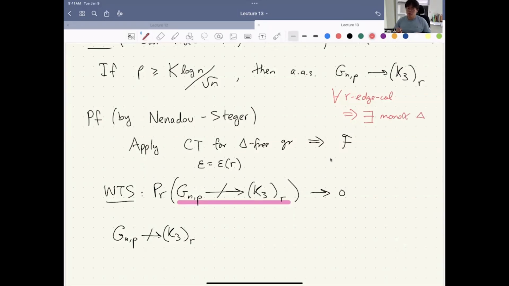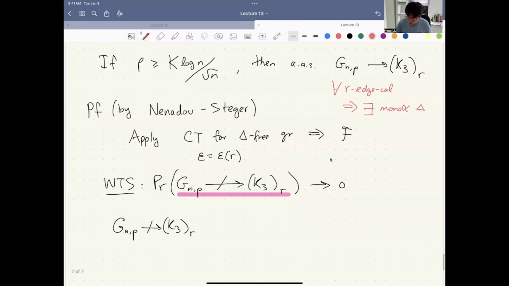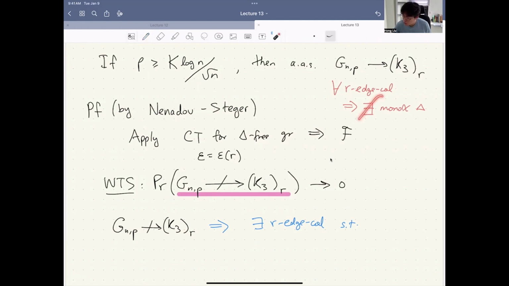Does not arrow means we need to flip all the quantifiers. Okay, so this means there exists an r-edge coloring such that there does not exist a monochromatic triangle.